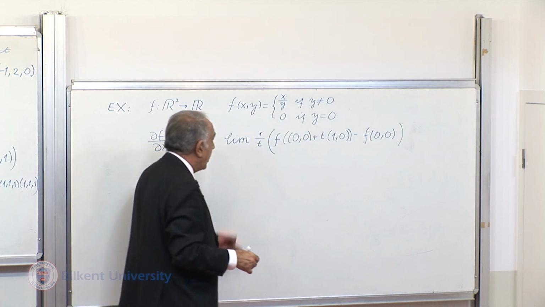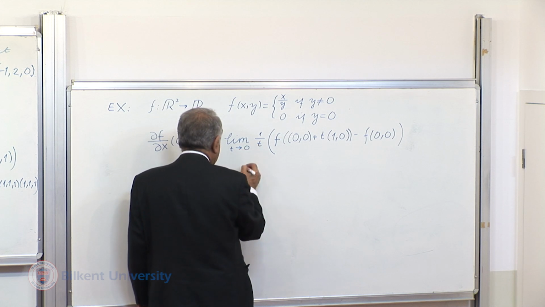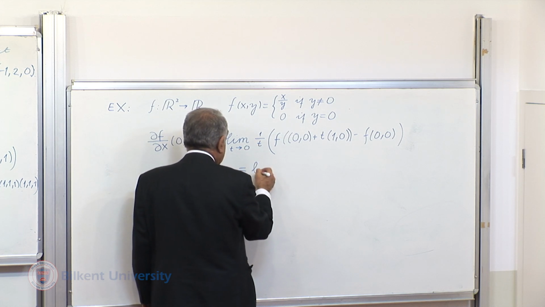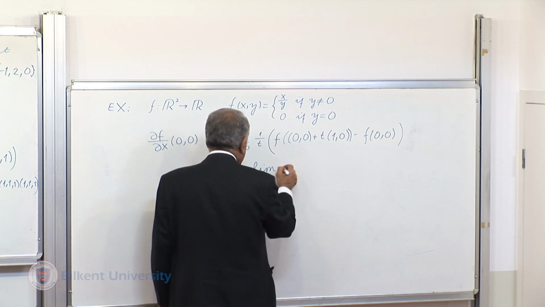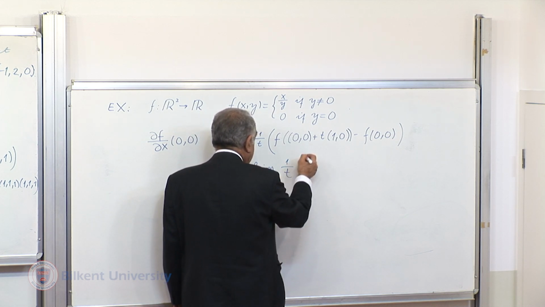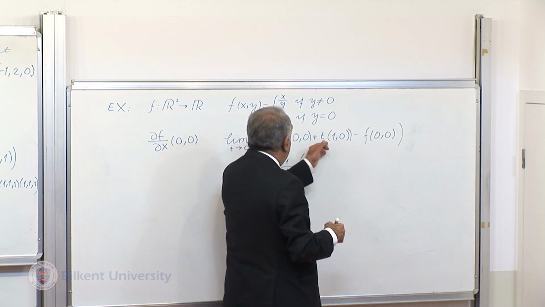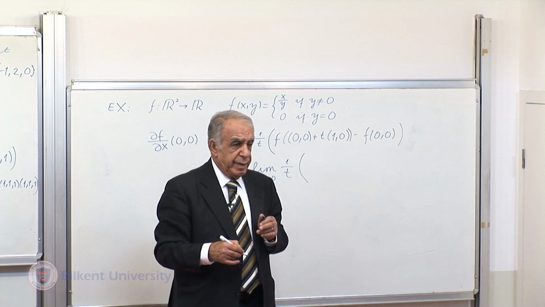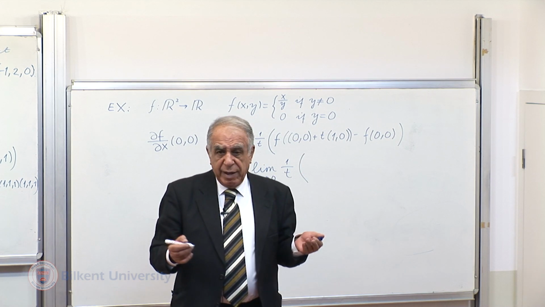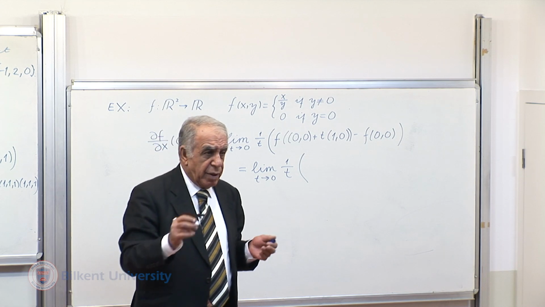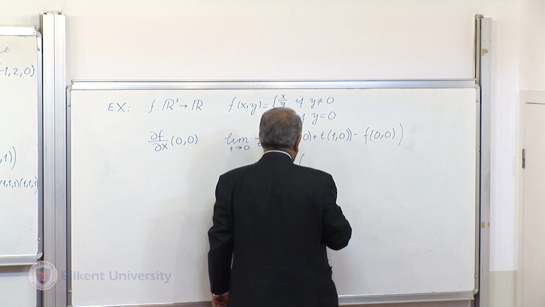Now let's check whether this limit exists or not as t tends to 0. If it exists, this will be 1 over t. Now this is f of t0 if we perform this addition, but the value is 0 in that case because the second component y is equal to 0.